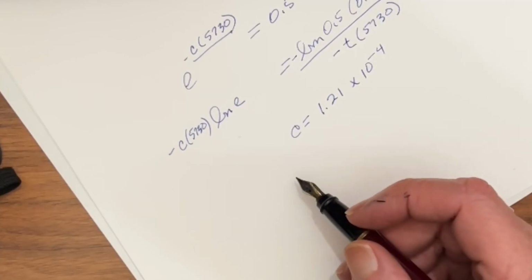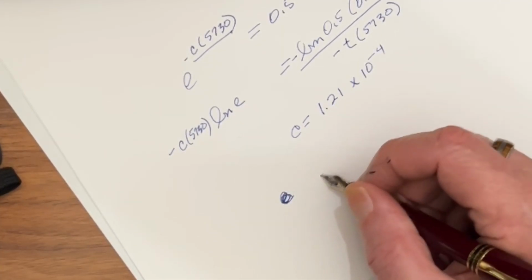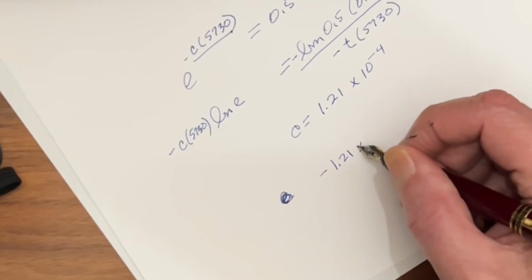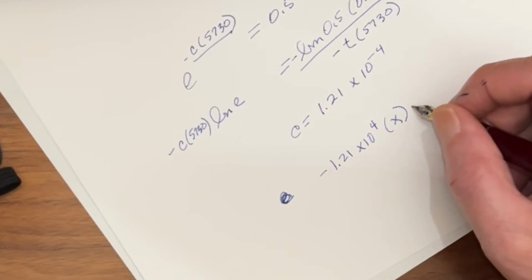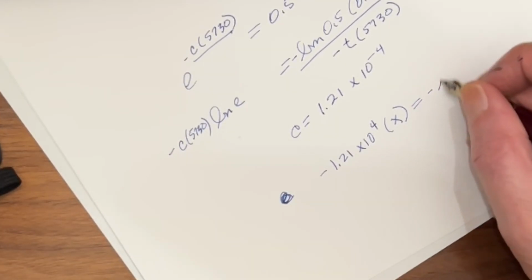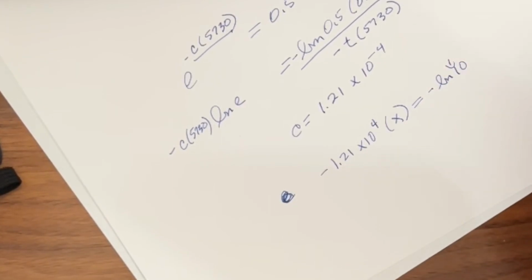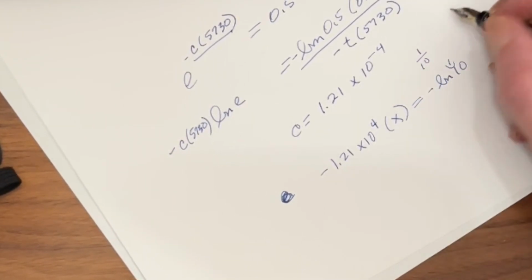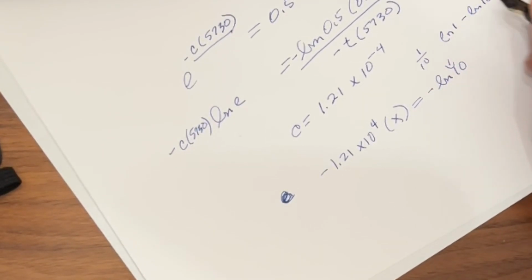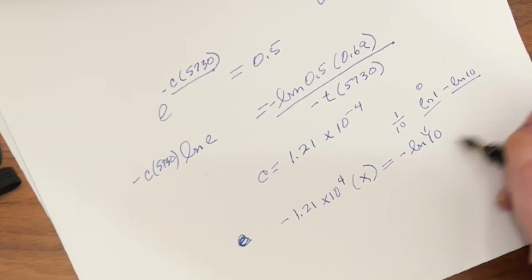Now, if you want to figure this out for 10% left, for example, what you end up with is negative 1.21 times 10 to the negative 4 times X time equals the negative natural log of 10. Because remember, this came from 1/10th. We took the natural log of both sides, the natural log of 1 minus the natural log of 10. Natural log of 1 is 0, so we had negative natural log of 10. That's where we got it from.